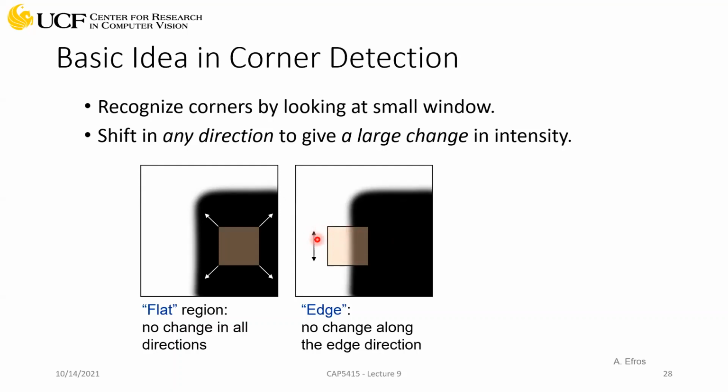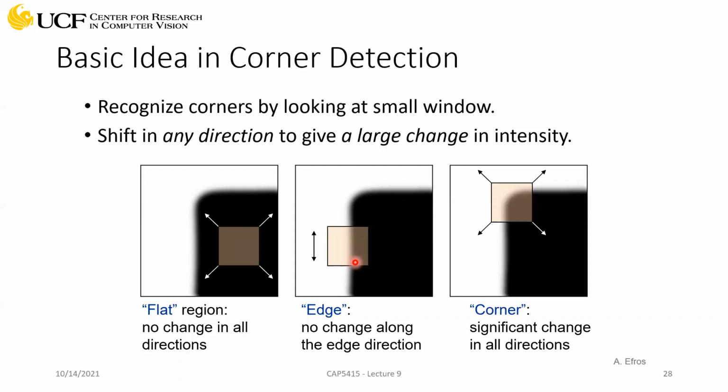So if you move this window in certain directions, in this case the direction of the edge, the intensity is not changing, but in certain directions it's changing. So you can consider it's not a flat region, but it could be an edge. In some directions it's changing, in some directions it's not.